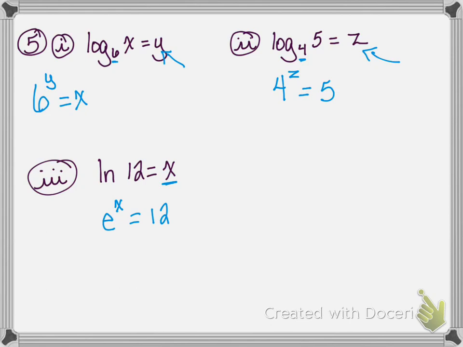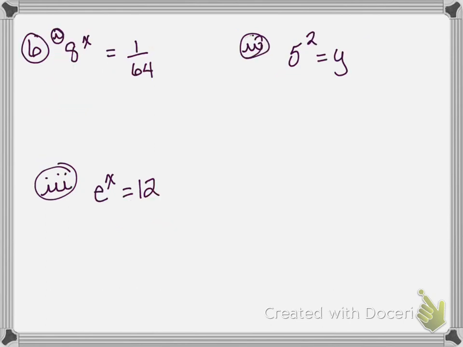Now, for number 6, we are going the other way. It says rewrite the exponential equation as a logarithm equation. So I've got to identify my base, and I've got to work the other direction. So here I've got log, my base is 8 because the base stays the same.